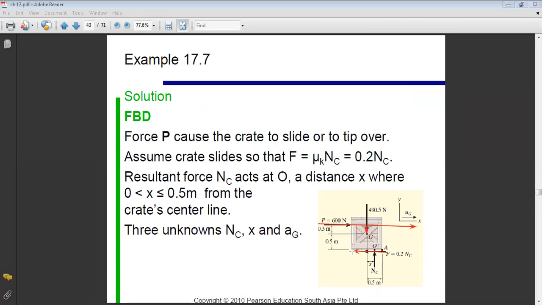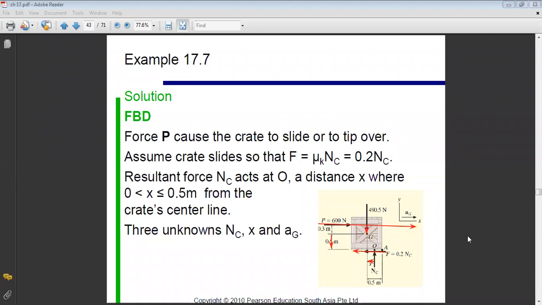So minus 0.2 N_C times which distance? 0.5. Okay, and I have now the opposing moment of N, which is plus N_C times which distance? X. They call this distance x. Okay, so now I have three equations with three unknowns.